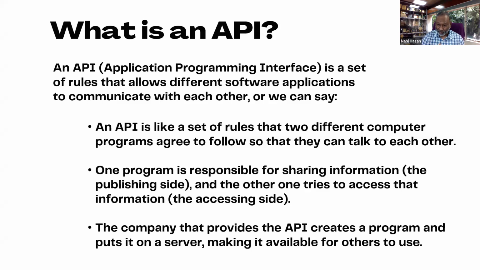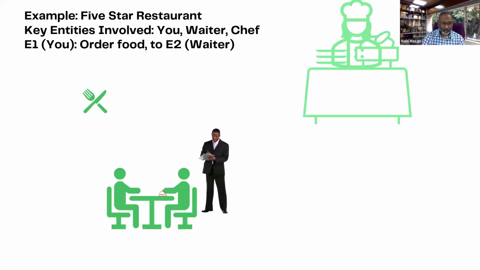One program is responsible for sharing information, the publishing side. Another is responsible for the accessing side, and the company or organization holding the data provides access to that data through APIs.